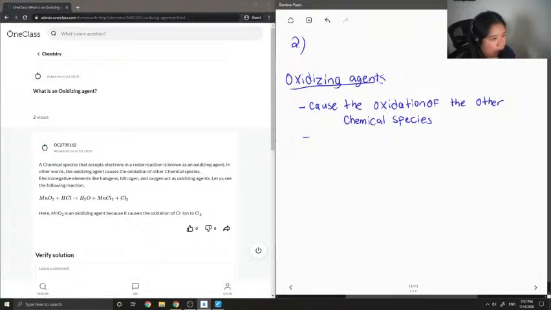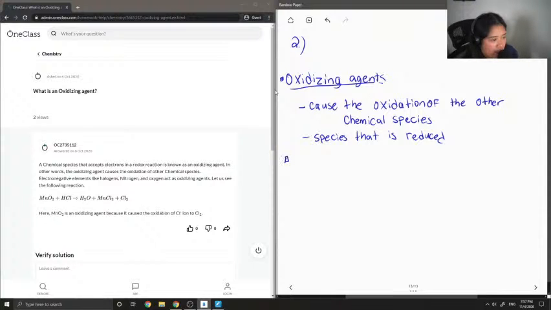So simply put, they are the species that gets reduced. That sounds kind of confusing, an oxidizing agent getting reduced, but you can see it as they cause the oxidation of the other chemical species.